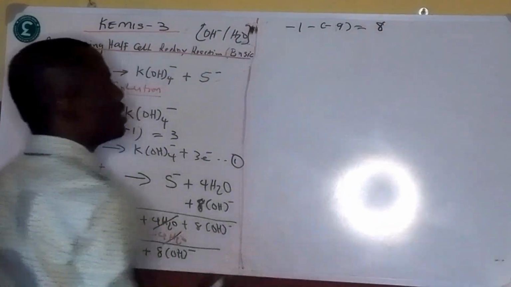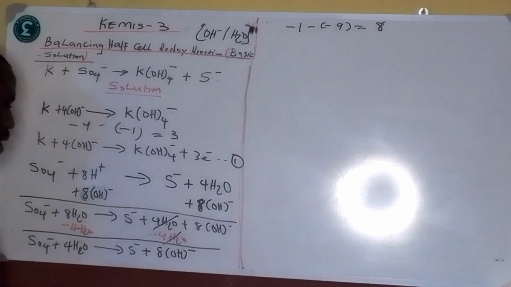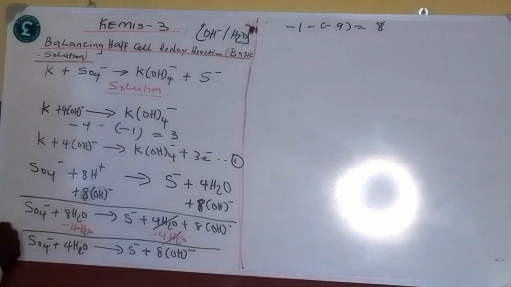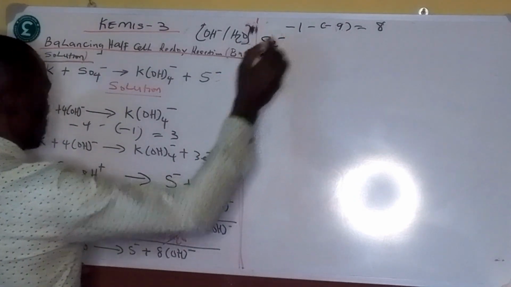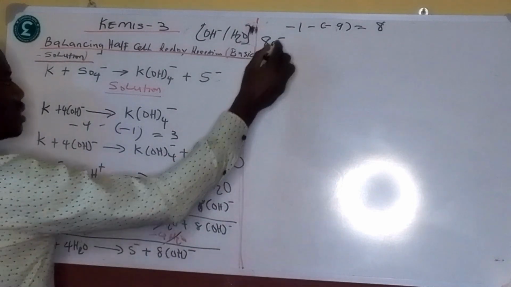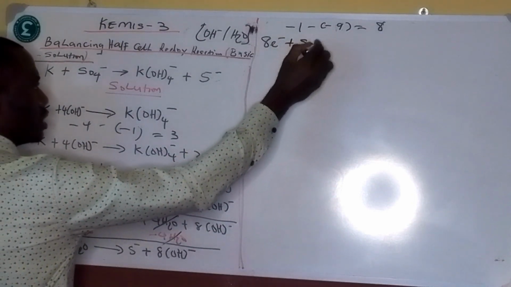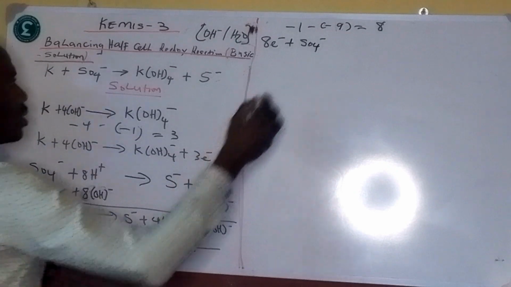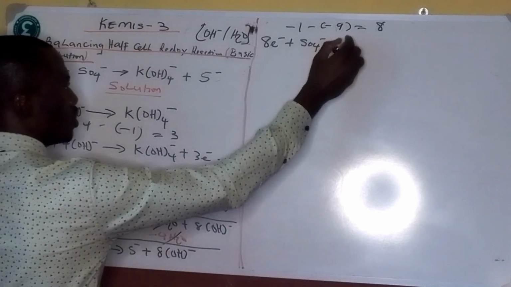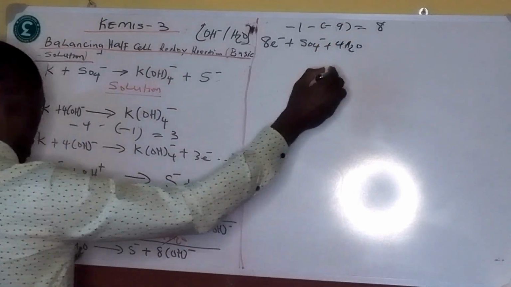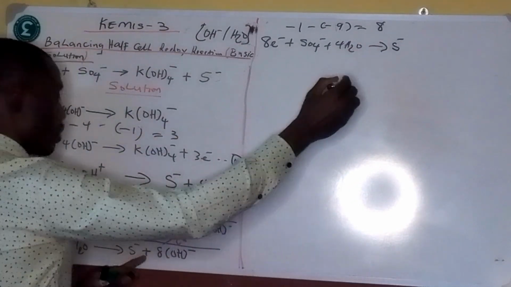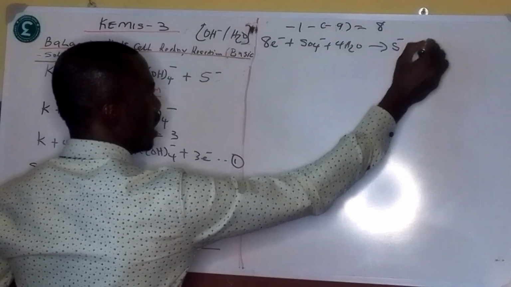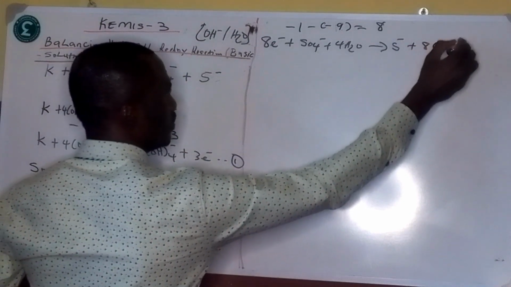Now I'm going to add these 8 electrons to the side with the highest charge. The side with the highest charge is minus 1. So I'm adding 8 electrons to this side: plus tetraoxosulfate plus 4H2O is going to give me sulfur plus 8 hydroxyl.